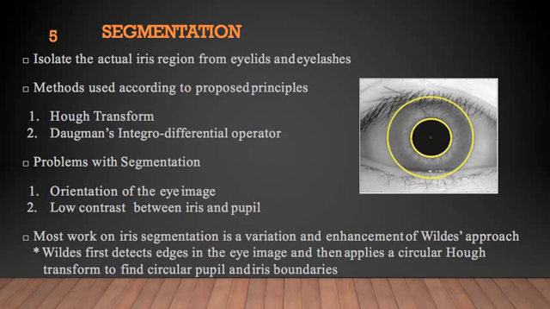Now, various methods have been proposed for segmentation, and two of the methods have been discussed in the paper: Hough transform and Daugman's integral differential operator. But I have seen, and have also mentioned in my conclusion, that the problem with segmentation is that the orientation of the eye should be the same.